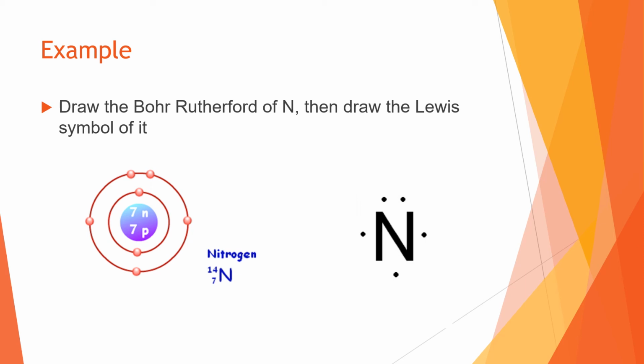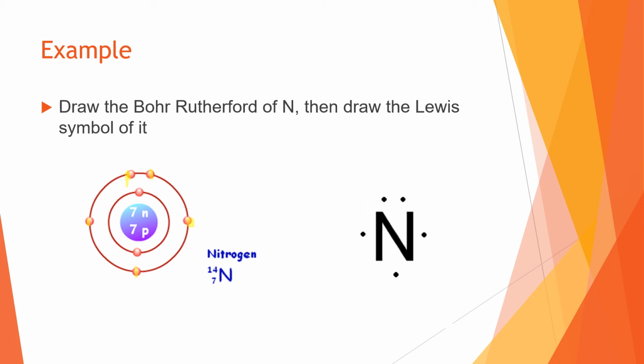The electrons go in the orbits. So if nitrogen has 7 electrons, 2 are going to go in the first orbit, and then we're going to have 5 remaining. Then in the second orbit, you would place 1, 2, 3, 4, 5 in that order.